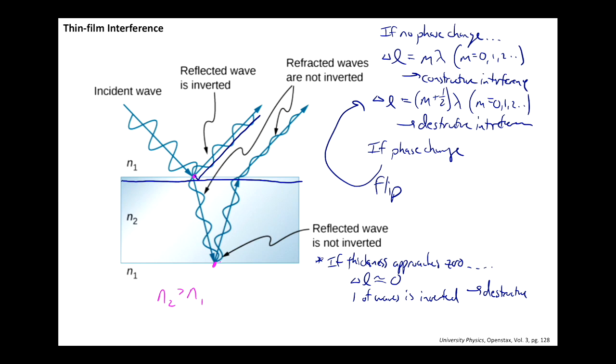Remember, we're considering two different effects. If they travel a different distance, they might be in phase or out of phase. If one reflects from a surface where it's trying to get into a higher index of refraction, it always flips 180 degrees. So the fact that I made it thinner doesn't change the fact that one of the rays has been flipped 180 degrees and one hasn't. But added to that, I'm not having to do anything related to them traveling a different distance, which just means I have one that's the original wave and one that's 180 degrees off, they're exactly out of phase.